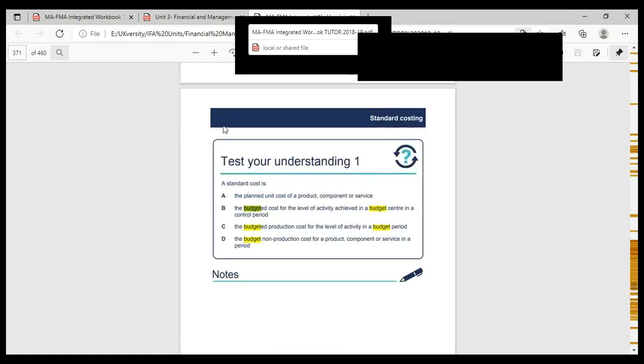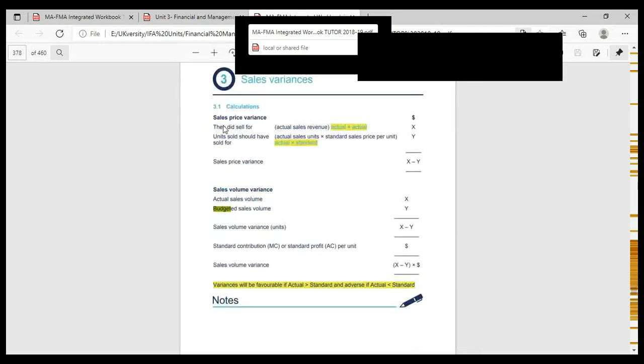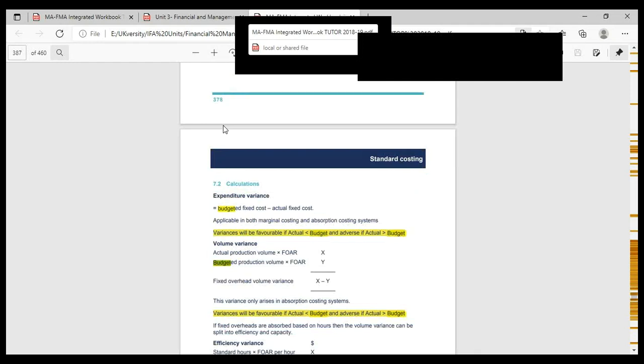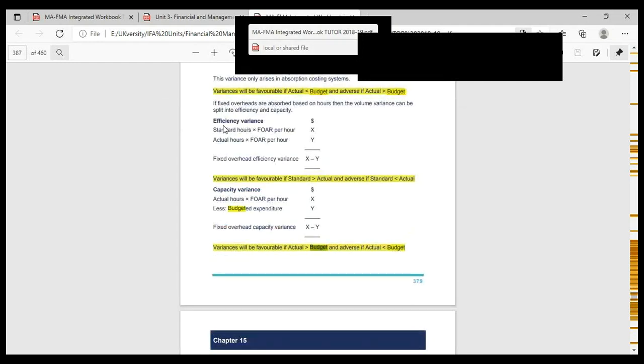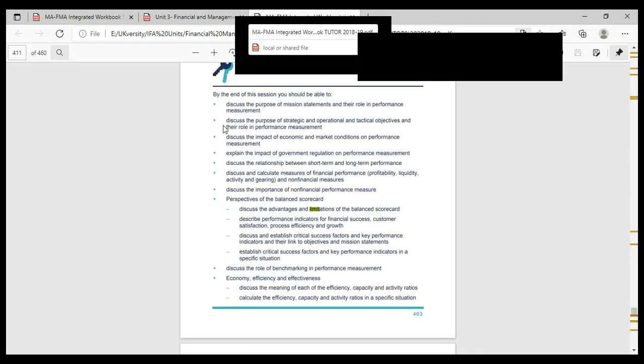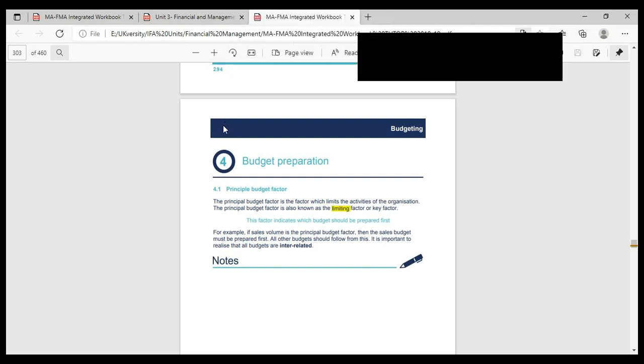You have a lot of examples, including causes of variance, so you can pick examples. If you type limiting factors, you will see them here.